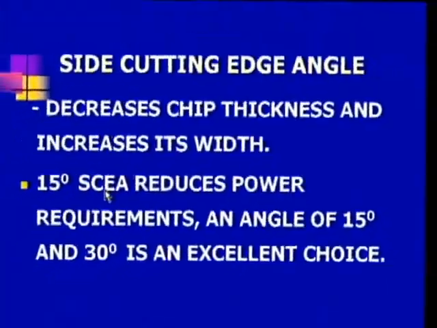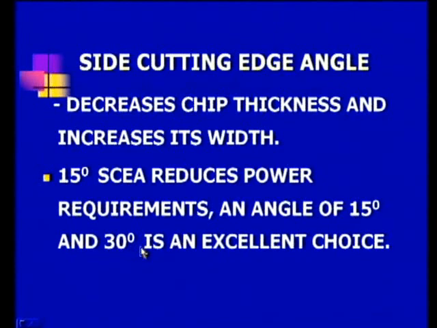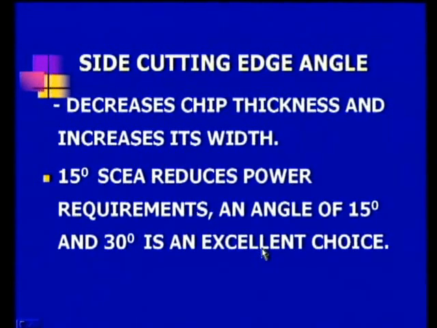And a 15 degree side cutting edge angle reduces power requirements. An angle of 15 degrees or 30 degrees is an excellent choice. We can have any angle from 0 to 90, but at 15 degrees it is practically proven that it reduces the power requirement for running the particular machining operation.